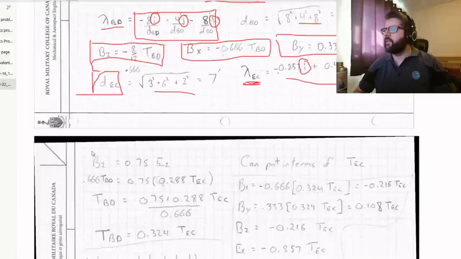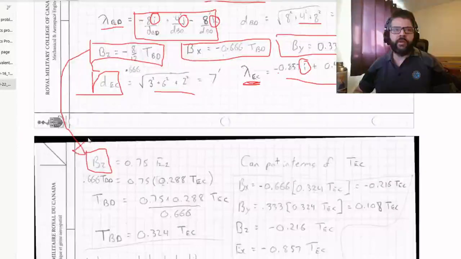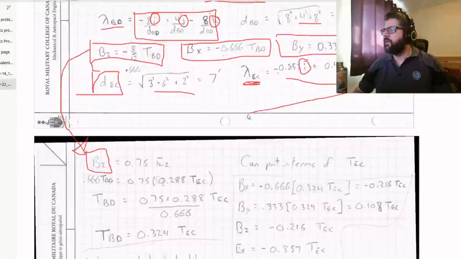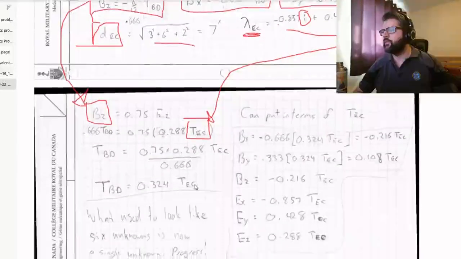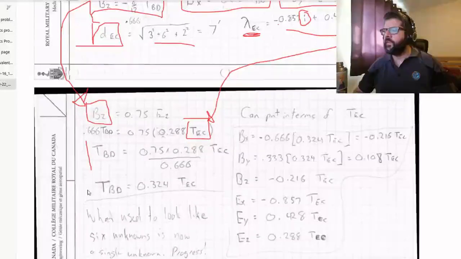So we can take the BZ here, plug in this value that we solved BZ for previously, and plug in this value, our unit vector times our tension in EC, the tension in the cable from E to C. That allows us to solve for the tensions in terms of one another.